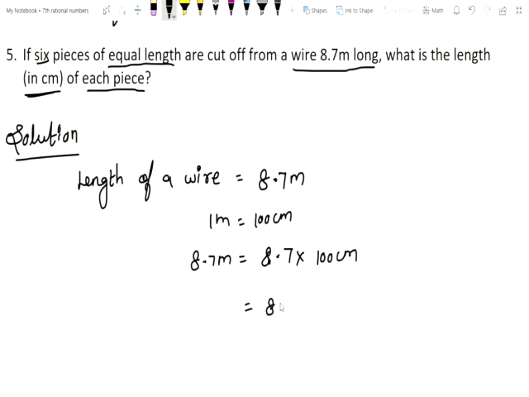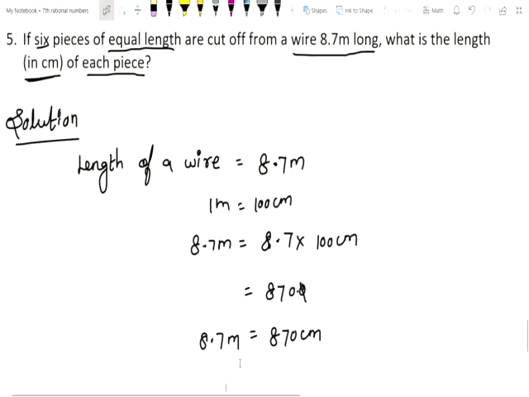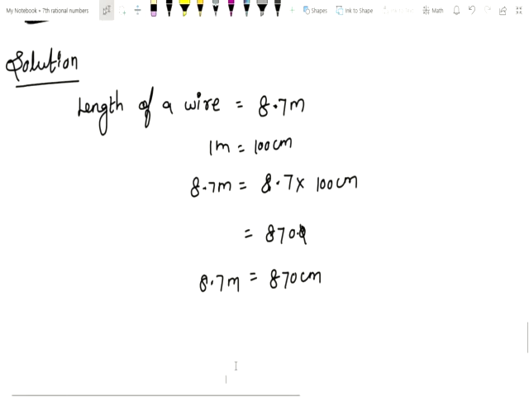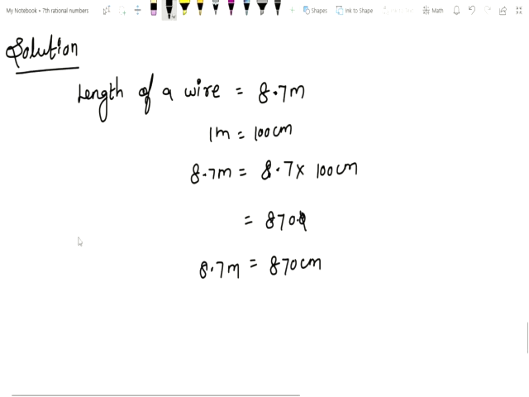So 8700. 1 decimal is there, just you keep it. So what you will get? 870 centimeter. 8.7 meter equal to 870 centimeter. Now number of pieces. How many pieces we are going to cut? 6 pieces. So number of pieces equal to 6.